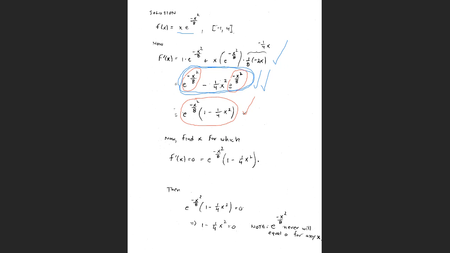So for the first derivative to equal 0, remember, we have two factors, e to the negative x squared over 8 and 1 minus a fourth x squared. We have two factors. Okay, so we want to know then when does the product of those factors equal 0?